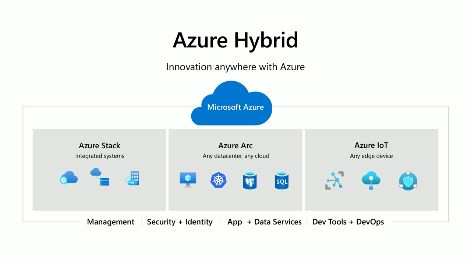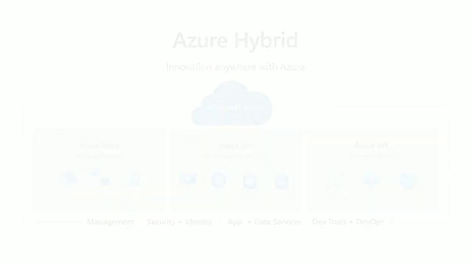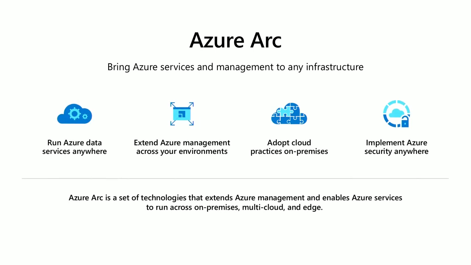On the right-hand side is Azure IoT, which enables a number of solutions and gathers data to Azure and helps you analyze it and do some interesting things with it. And then again, yesterday we announced Azure Arc, which is bringing Azure infrastructure and services to any infrastructure. So let's unpack that a little bit.